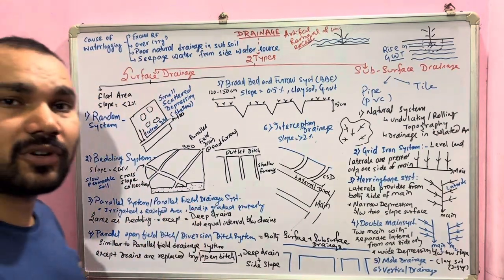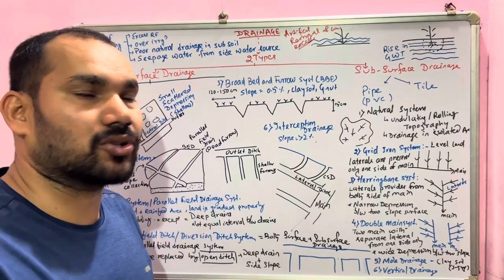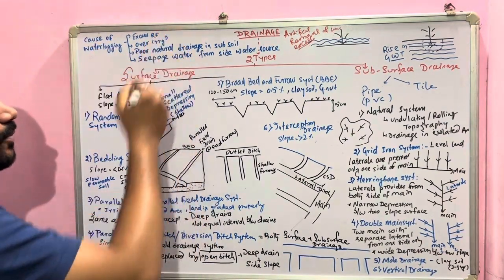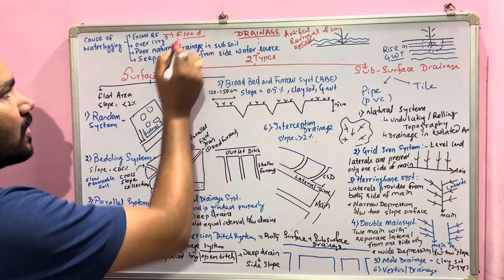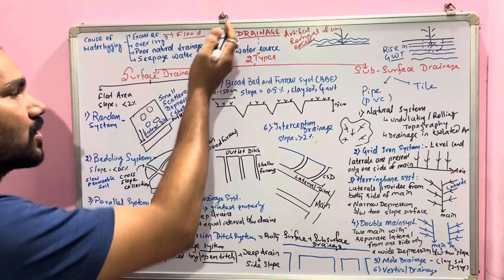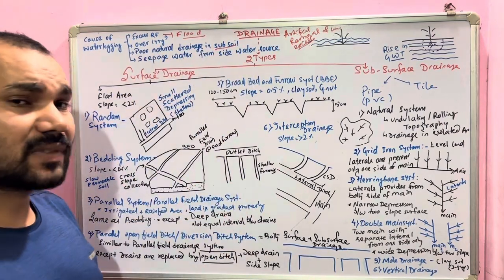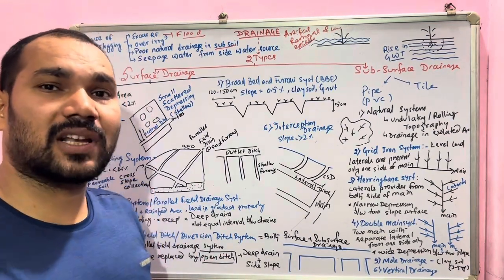Now before this, you have to know the reason for excess water, what the causes are. The causes of waterlogging may be excess rainfall which creates flood condition, over irrigation, or poor natural drainage in the subsoil. Due to mechanization, a hard pan is created in the subsoil.